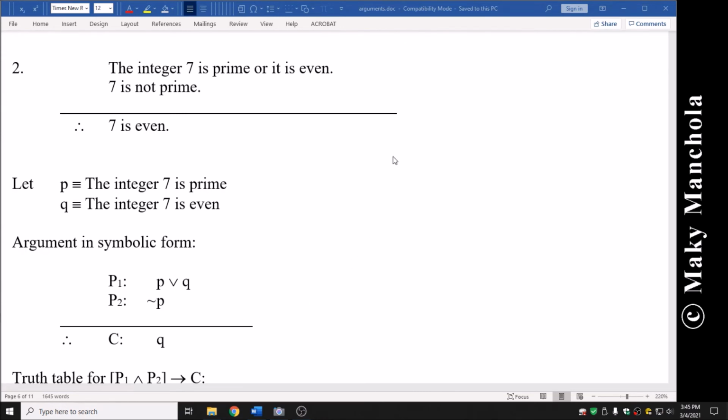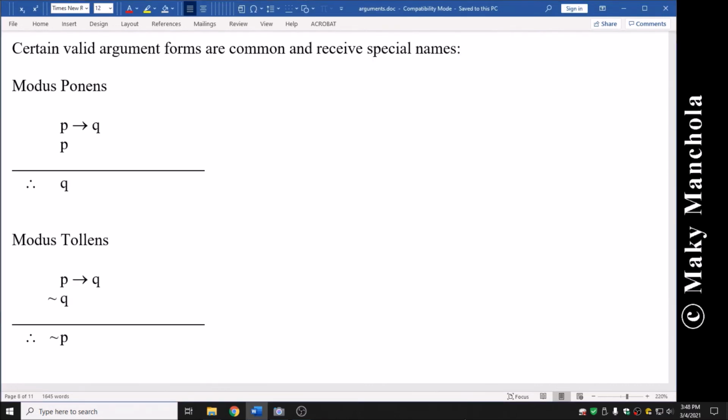But when we look at the premises of the argument itself, we realize that one of them is clearly false. 7 is not prime is a false mathematical statement. So, in this case, our argument has a valid argument form, but not all of its premises are true. That makes our argument an informal fallacy. We now conclude this discussion on argument validity.